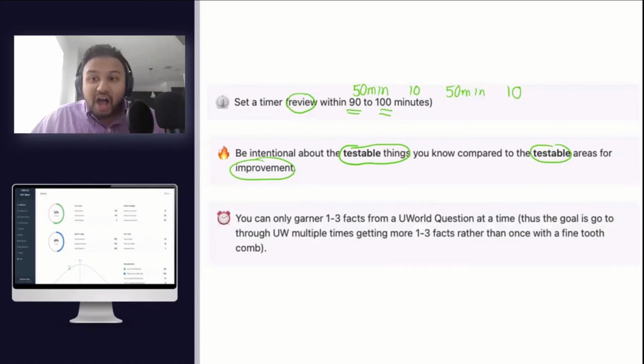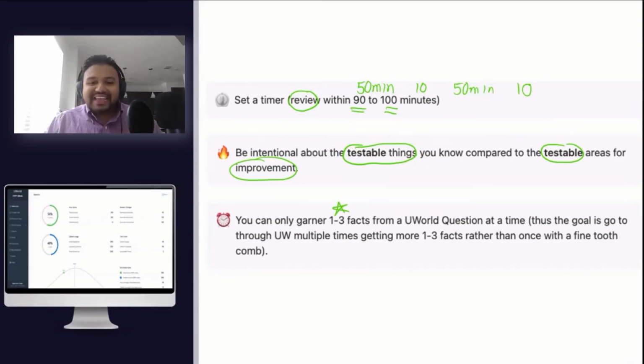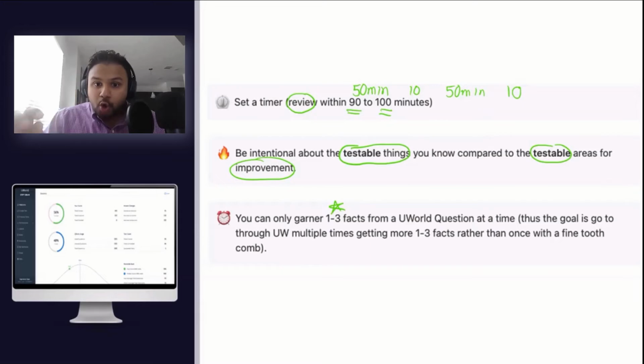And then the other big mindset, and guys, star this for me, is that you can only garner 1 to 3 facts from a UWorld question at a time. Thus, the goal is to go through the UWorld question bank multiple times, getting more facts with each pass rather than once with a fine-tooth comb.